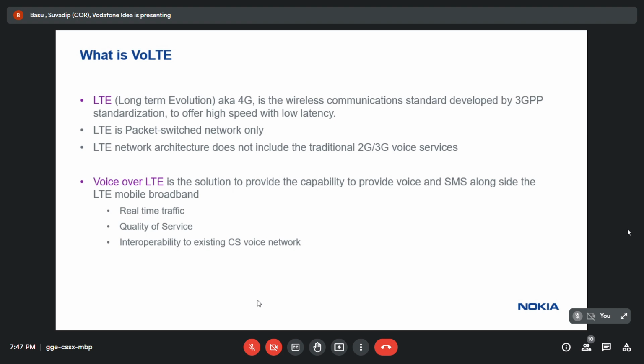So these are the three requirements. Now why did the real-time traffic scenario come in? Because we know that traditionally, data was not real-time traffic. And TCP, IP and packet switching, when we talk about packet switching, was not actually real-time. There is some delay. And why does that delay happen in packet switching?